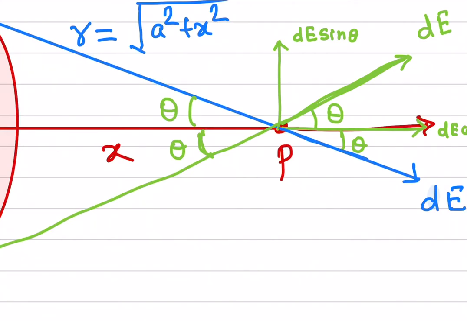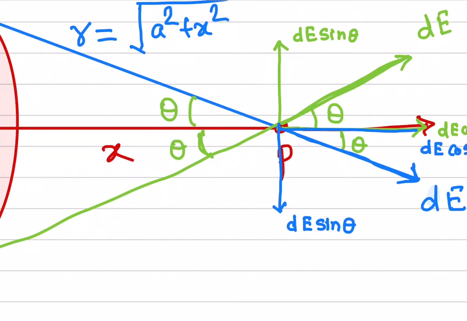The same way, now we're going to resolve this electric field along the two axes. Along the x component it will be dE cosine theta, and along the y component it will be dE sine theta.